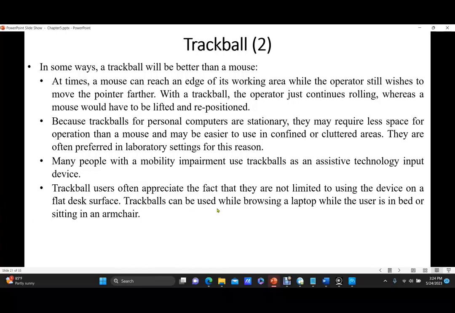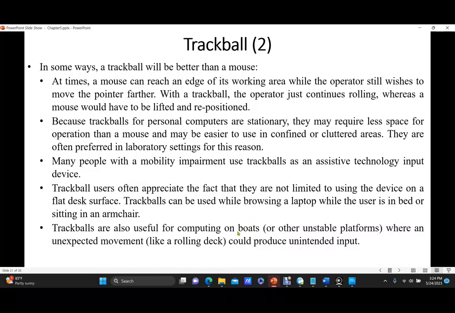Trackballs can be used while browsing on a laptop while the user is in bed or sitting in an armchair. Trackballs are also useful for computers used on boats or other unstable platforms where unexpected movement could produce unintended input.